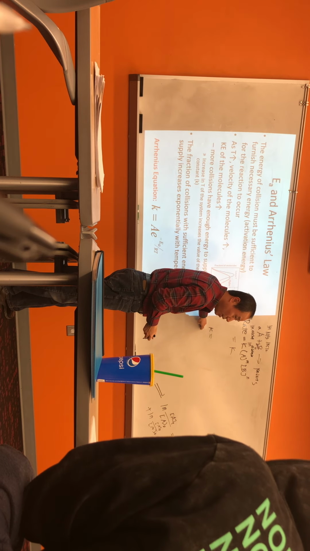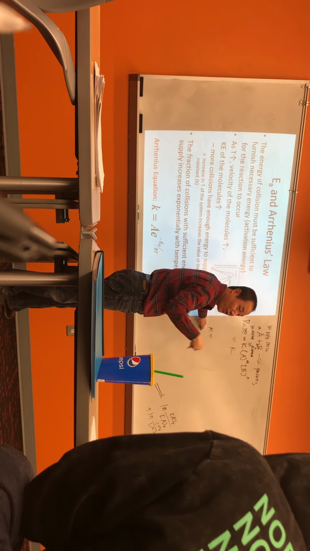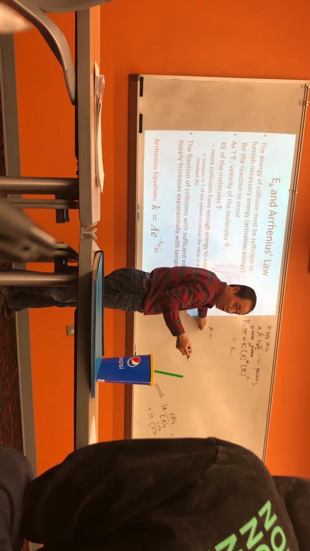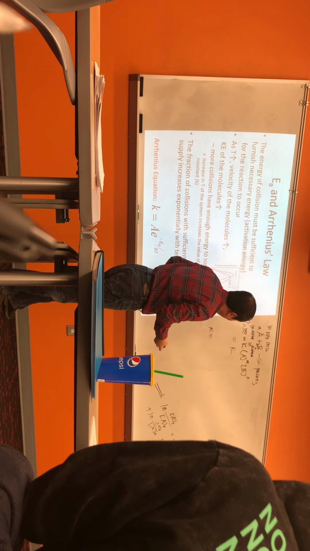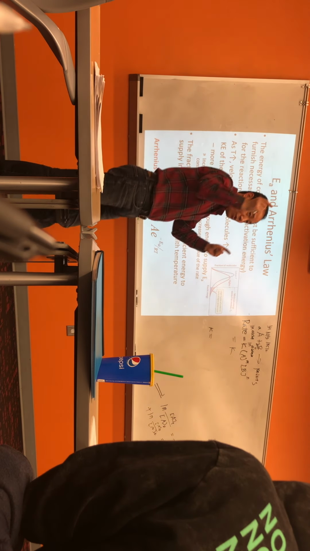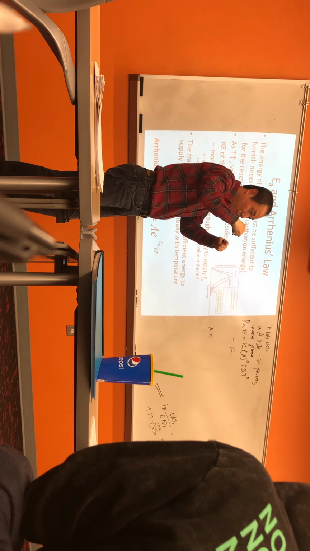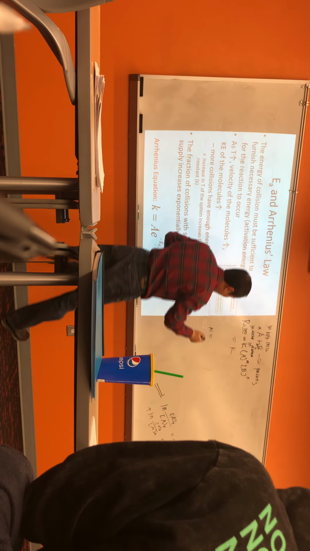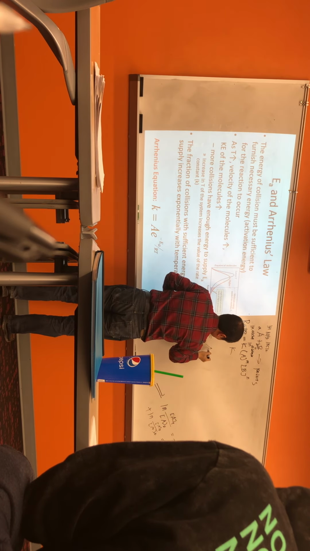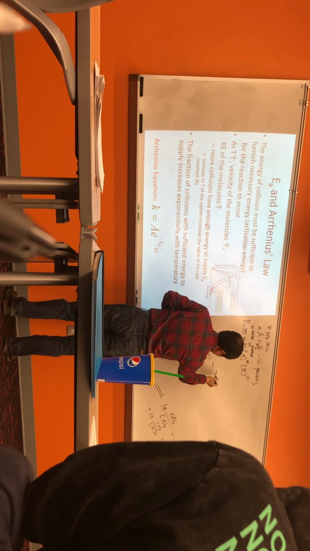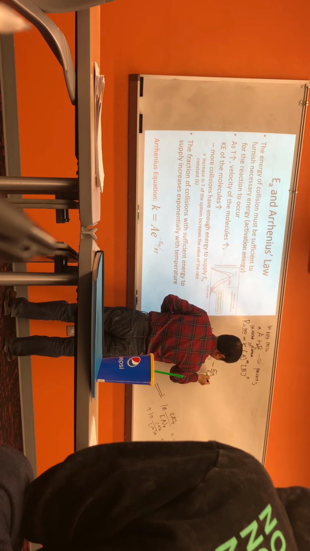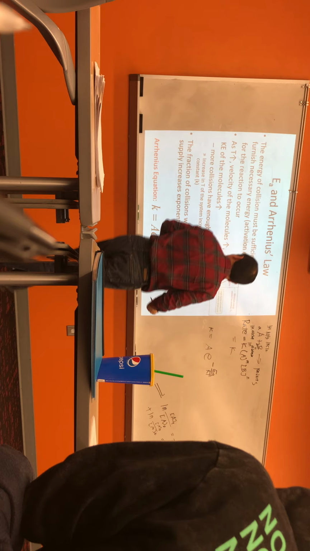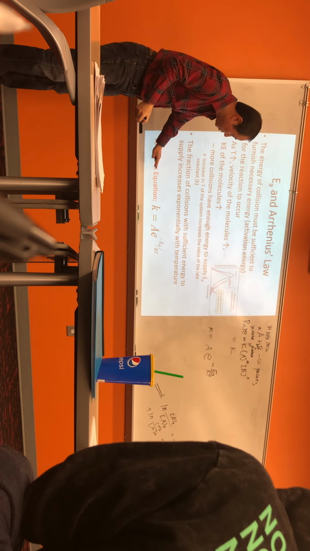And if they approach with higher energy than the activation energy, it will be fast, right? So taking all those factors into account, Arrhenius came up with an ideal equation just like this. This is what we call the Arrhenius equation.